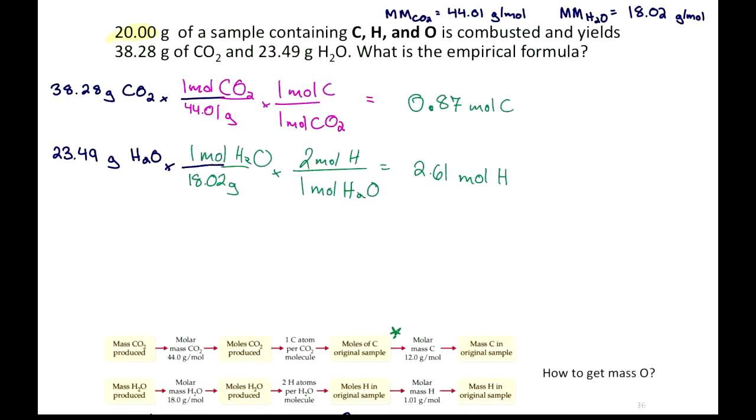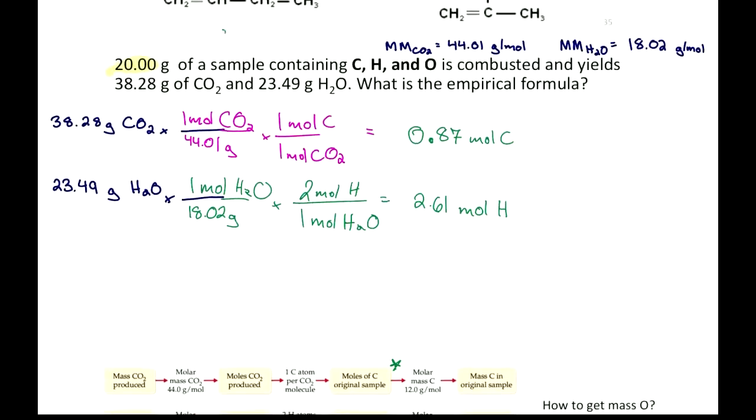Because if I know how much of my sample is carbon, and if I know how much of my sample is hydrogen, wouldn't the rest of the sample be oxygen if our compound is only CHO? If I know how much carbon I have, if I know how much hydrogen I have, the rest of it has to be oxygen. So that's the trick, all right?